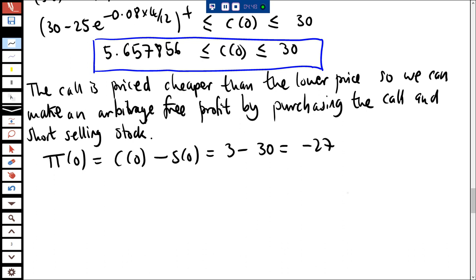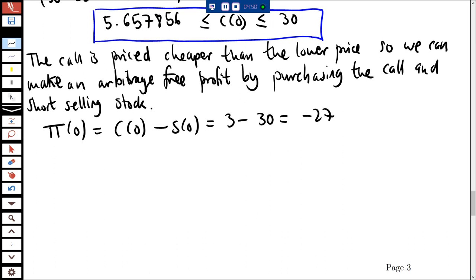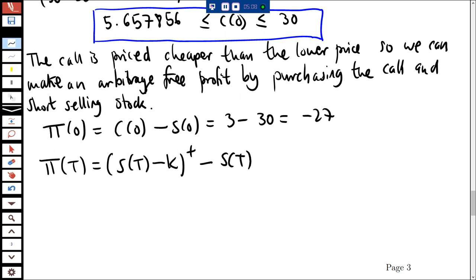So we need to cover £27. At time T, when we close, we have a call option which is valued at the share price minus the strike, take away the price of the stock at time T.